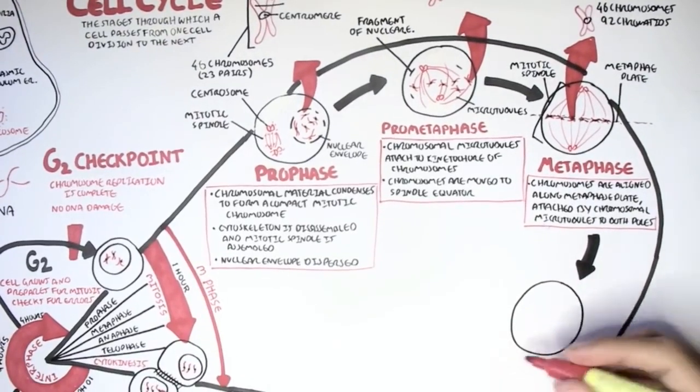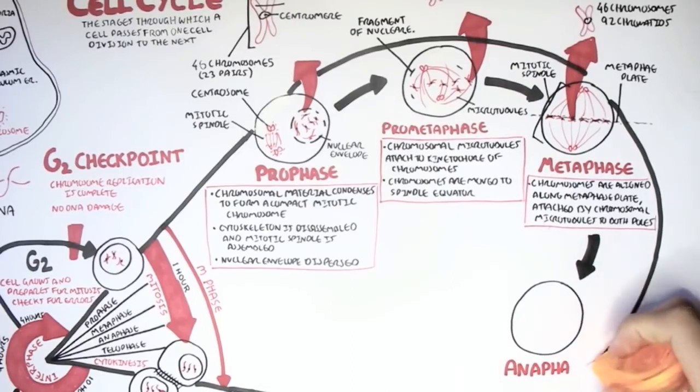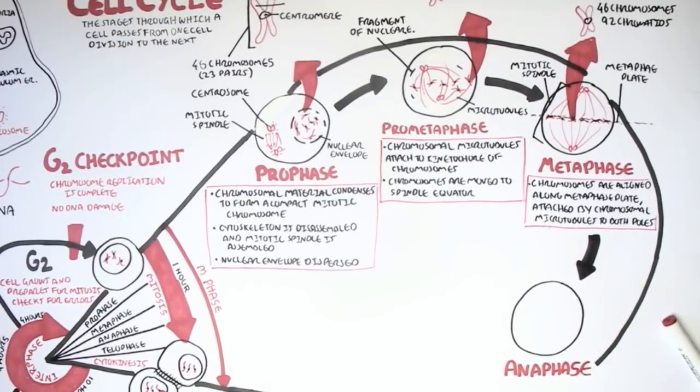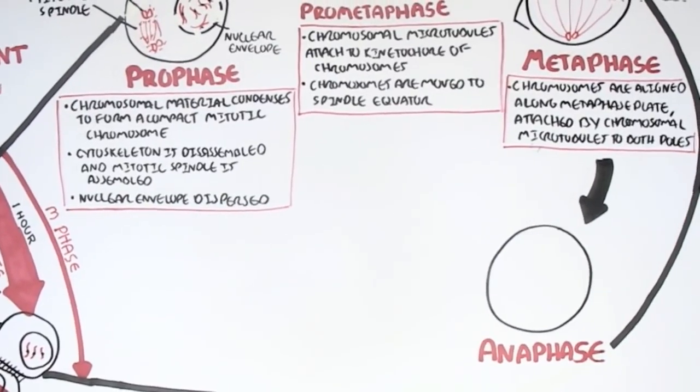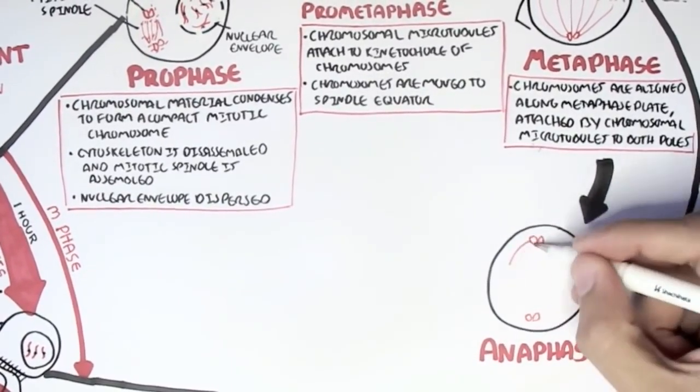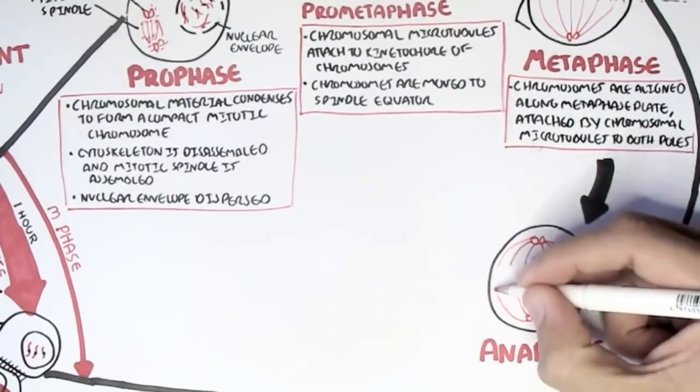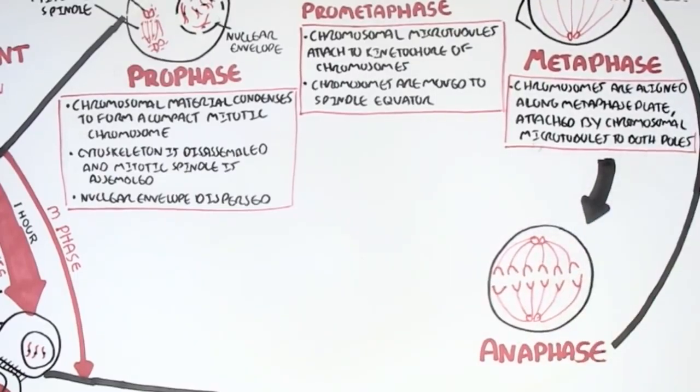Now, this might sound a bit confusing, but I hope you can follow this. In anaphase, the centrosomes with the microtubules will pull the duplicated chromosomes apart, like so.